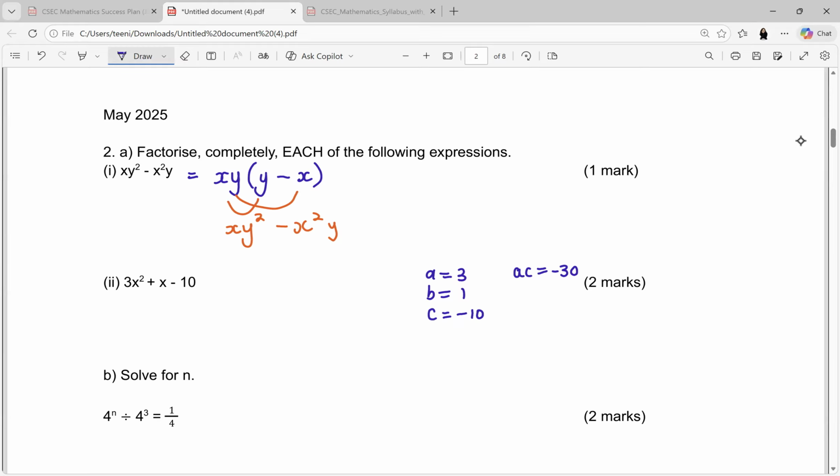So the factors of negative 30 in pairs will be 1 by 30, 2 by 15, 3 by 10, or 5 times 6, right? So you have to choose a combination of these factors that when you subtract or add them, you get 1, right? Which two factors would it be, guys? Which pair can you get 1 from?